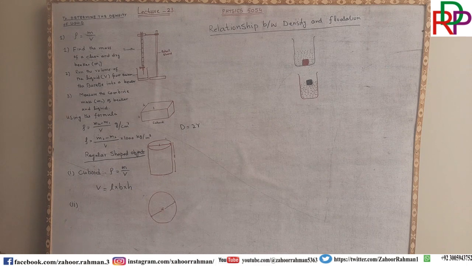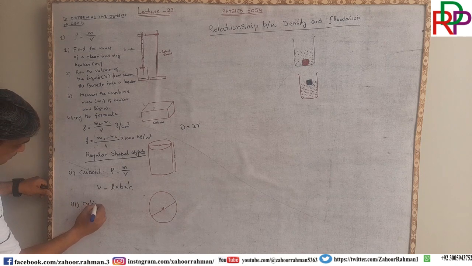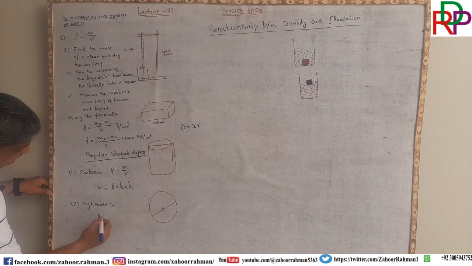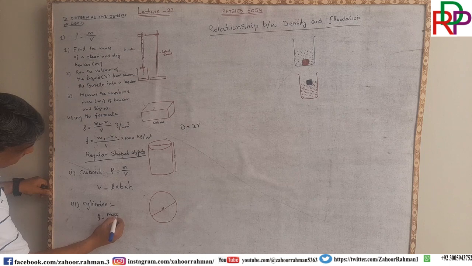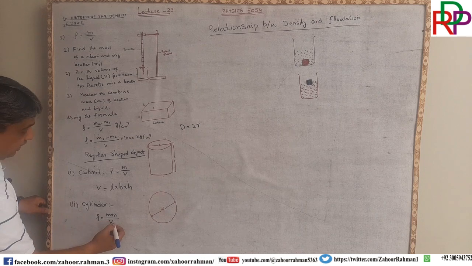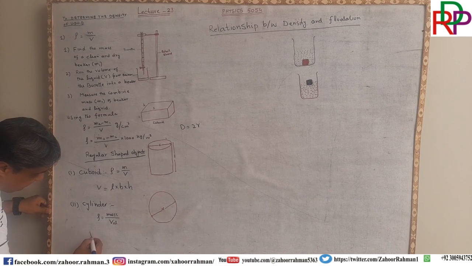For the cylinder, rho is equal to mass divided by volume.